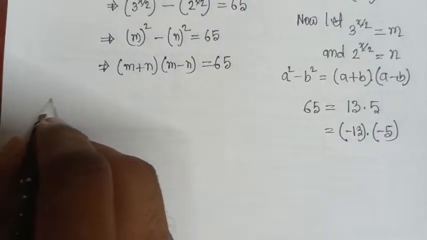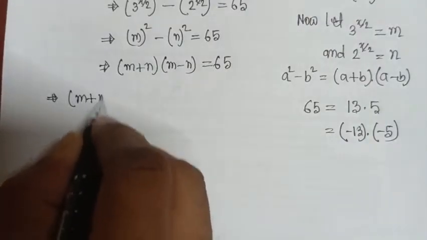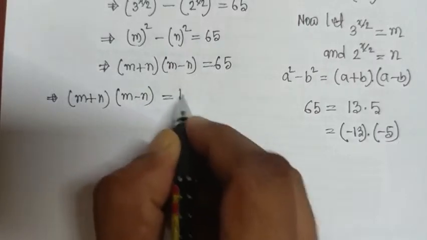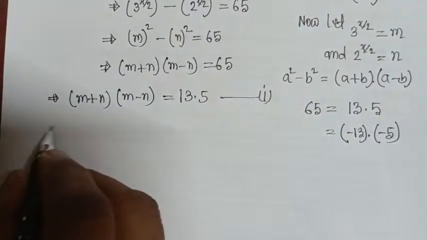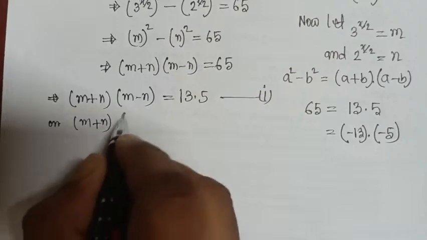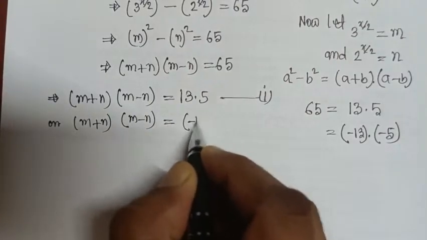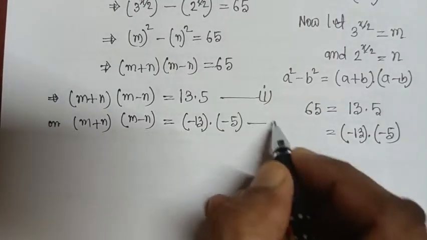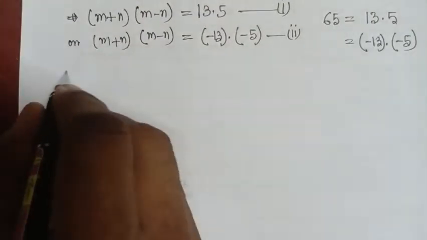So it becomes (m plus n) into (m minus n) equal to 13 into 5, equation 1, or (m plus n) into (m minus n) equal to minus 13 into minus 5, equation 2.